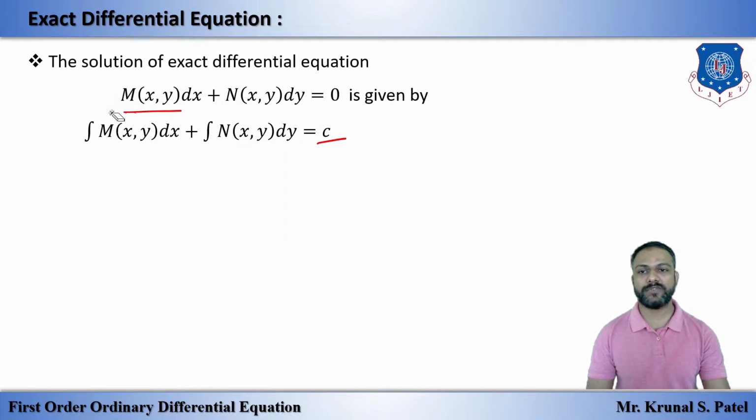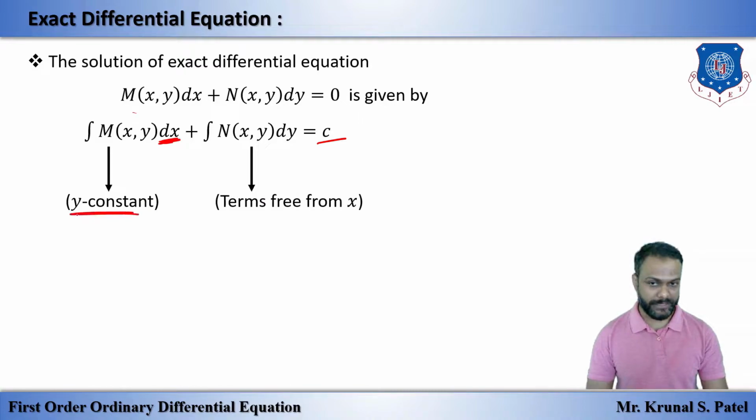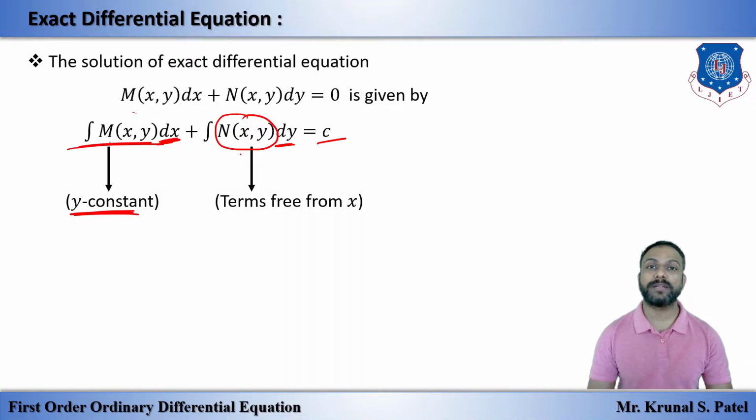To integrate this we have to keep two things in mind: whenever we are integrating with respect to x, treat y as a constant. And whenever we are integrating with respect to y, we take just the terms free from x, and we ignore the terms which include x.